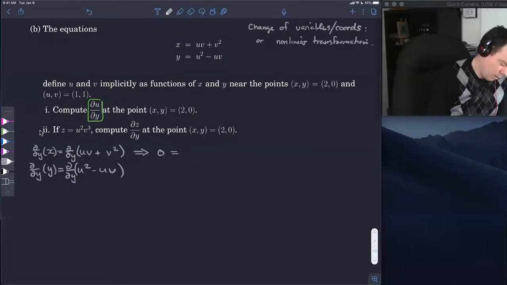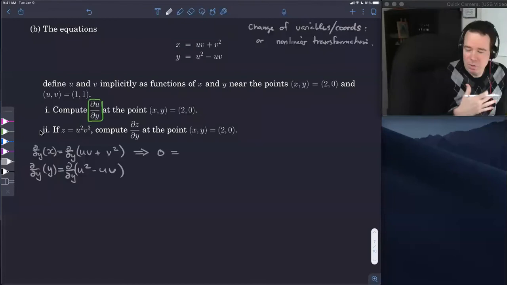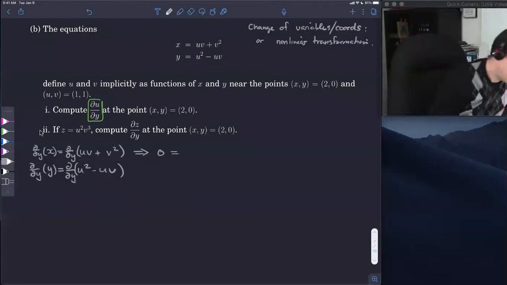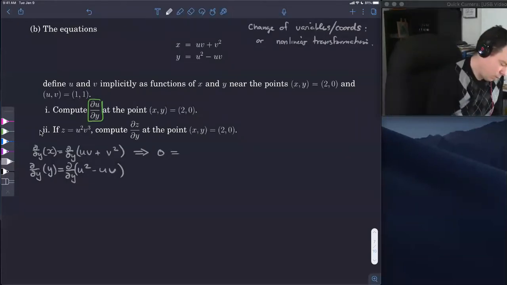The derivative of that expression with respect to y. Well, I'm differentiating through this expression uv plus v squared with respect to y. So I'm going to have to do a chain rule here. I'm interested in this case in doing our full derivative. So what I'll do is I'll say derivative with respect to y. The first one is uv, that's a product.